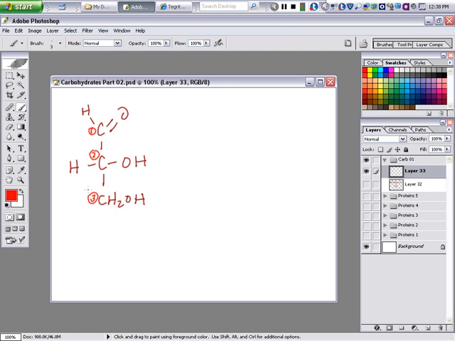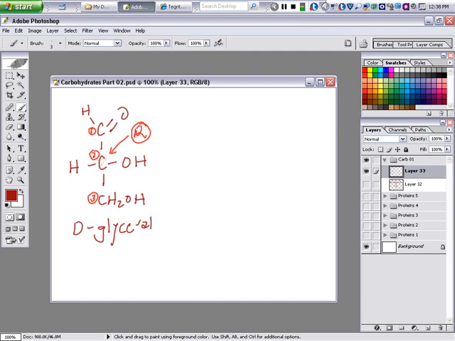Now, as it's drawn, this compound is D-glyceraldehyde. That's because this carbon here is a chiral center, and it has the R configuration. So this molecule is D-glyceraldehyde because it has a D configuration.